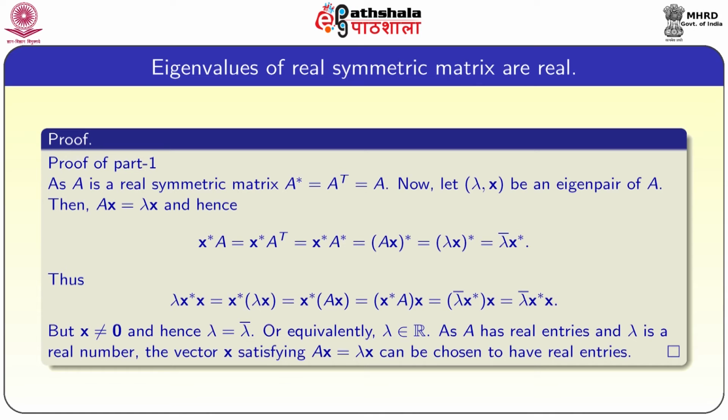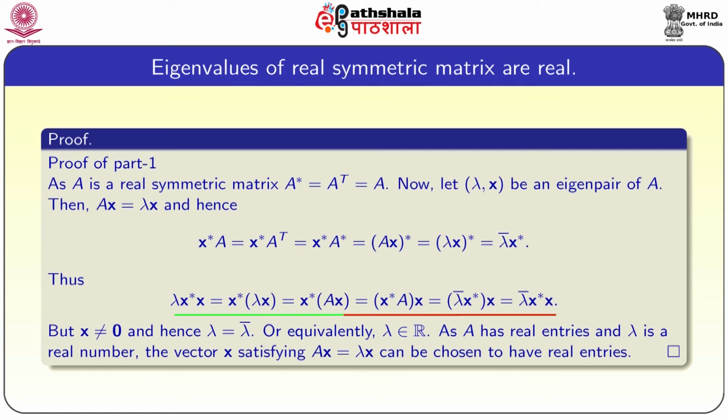So, A star is nothing but A transpose, that is equal to A. So, if lambda, x is an eigenpair of A, then we have Ax equal to lambda x, and hence x star A is equal to x star A transpose, which is equal to x star A star, which is equal to (Ax) star, which is equal to (lambda x) star, which is same as lambda bar into x star. So, lambda into x star x is equal to lambda bar into x star x.